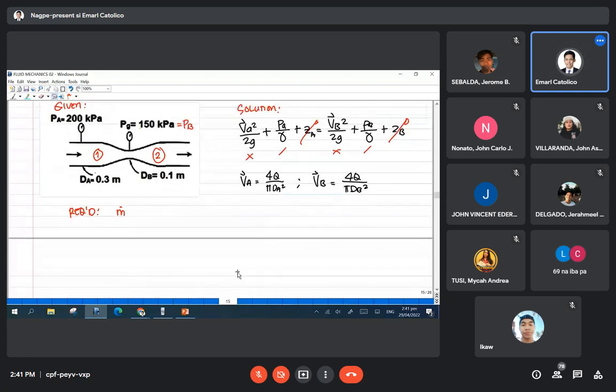So, BA squared. So (4Q over pi dA squared) squared over 2G plus PA over gamma is equal to (4Q over pi dB squared) squared over 2G plus PB over gamma.